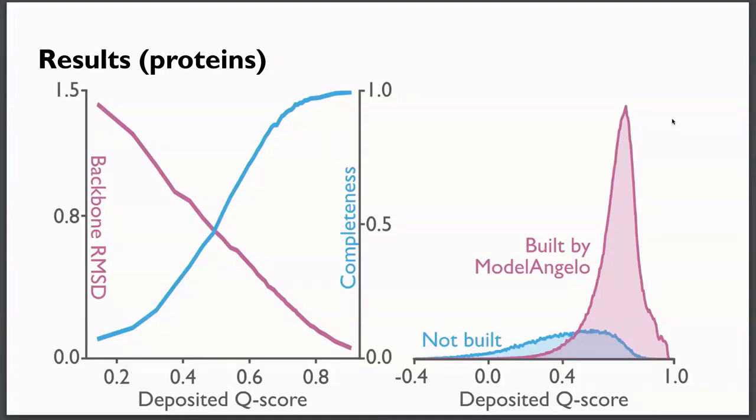Also the backbone RMSD for ModelAngelo's prediction goes down. On the right is the distribution of residues that ModelAngelo builds versus ones that it misses. When the Q-score is higher, there are a lot more residues that ModelAngelo builds, but as the Q-score gets lower, the ones we miss dominate.